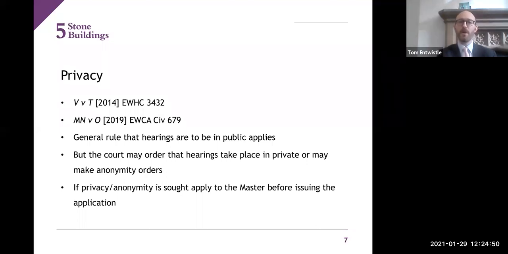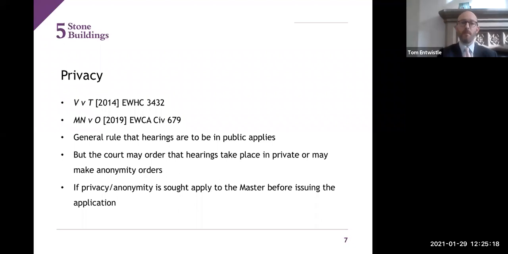He was rather more persuaded by the need to protect the minor beneficiaries, but he still held that this didn't justify a privacy order. Instead, he decided that their interests could be appropriately protected by imposing reporting restrictions and also by preventing the public from obtaining documents from the court file except with the court's permission.